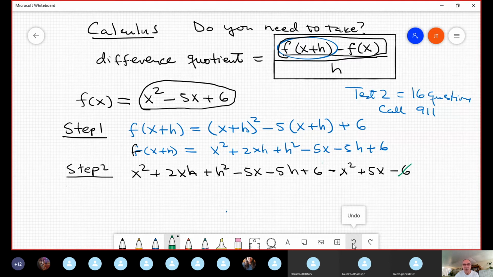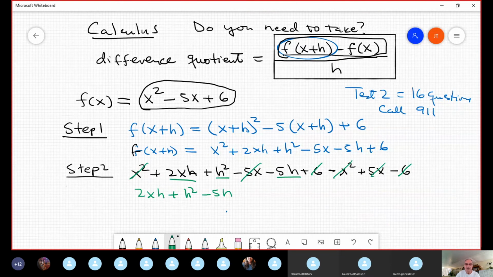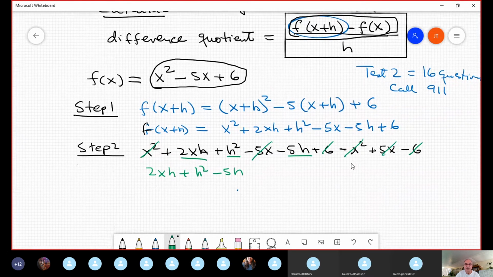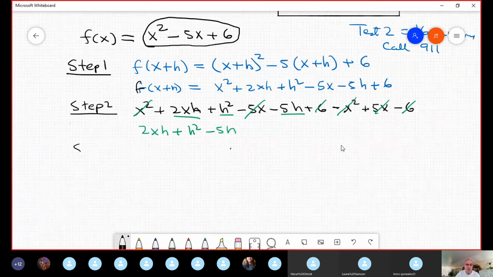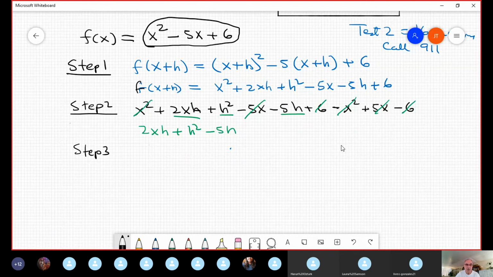This 6 and this 6 say goodbye. This x squared and this x squared say goodbye. And this 5x and this 5x say goodbye. And only 2xh plus h squared minus 5h stays. Okay, finally, in the formula, the last step, step 3, is divided by h. Step 3 is dividing this expression by h.